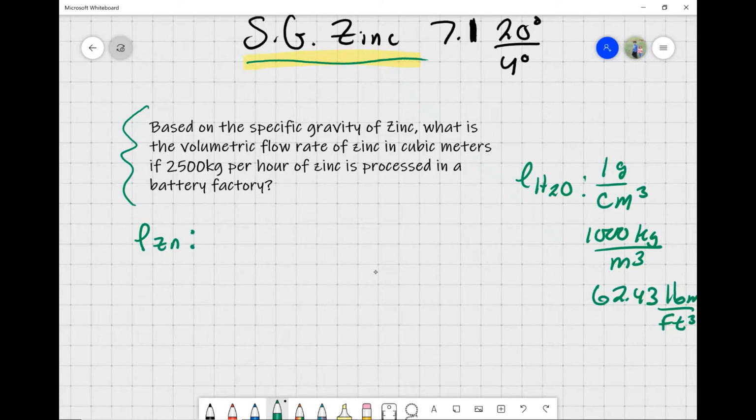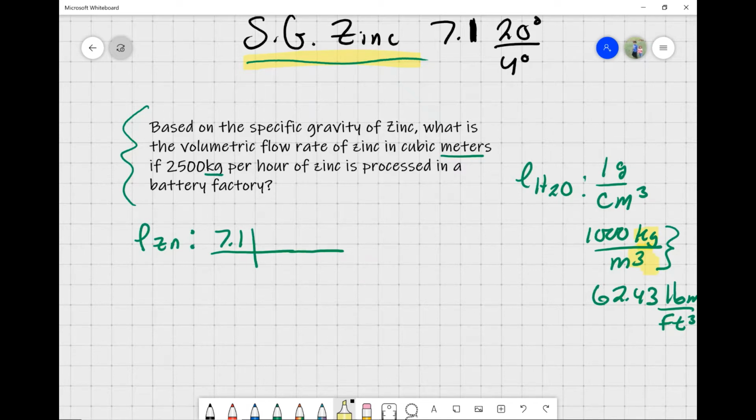So 7.1, and then we multiply it by our density converter. If you analyze the problem, we're looking at kilograms and we're interested in cubic meters, so it's easier to work with this particular version of the density of water.